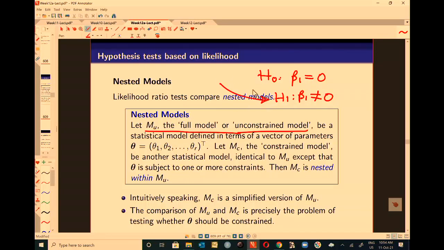The full model is where things aren't 0, or unconstrained. And this is my constraint because I've put the constraint that beta 1 is 0. That's my constrained model. People often get this wrong.